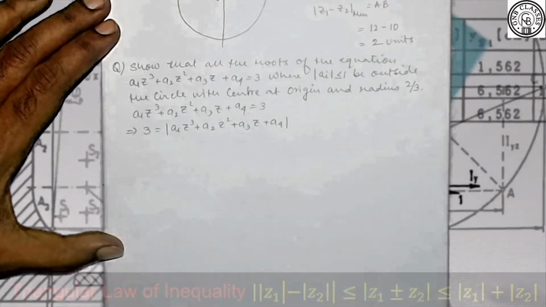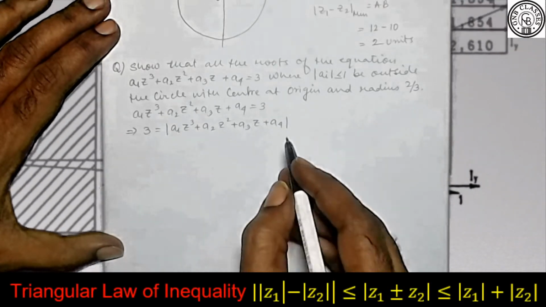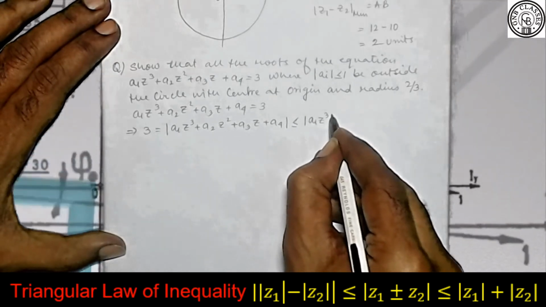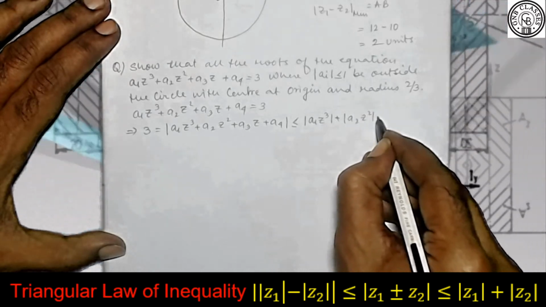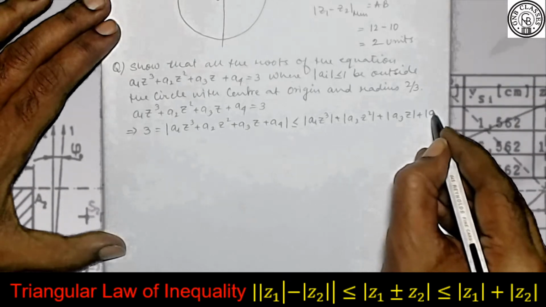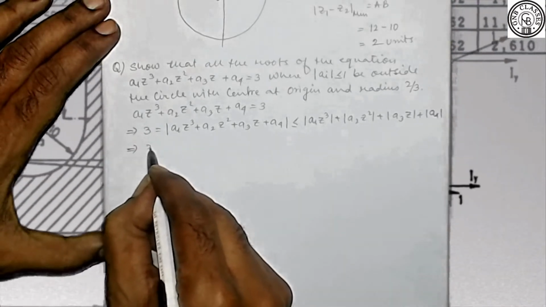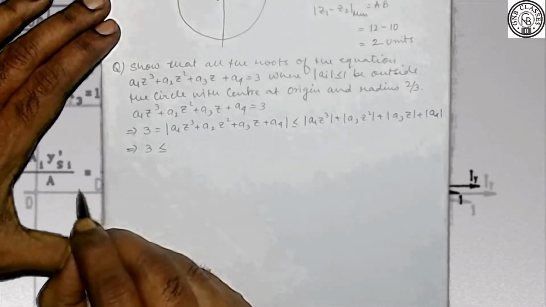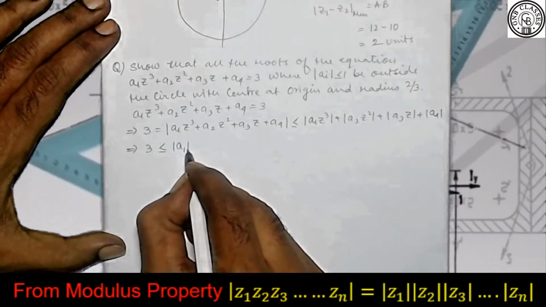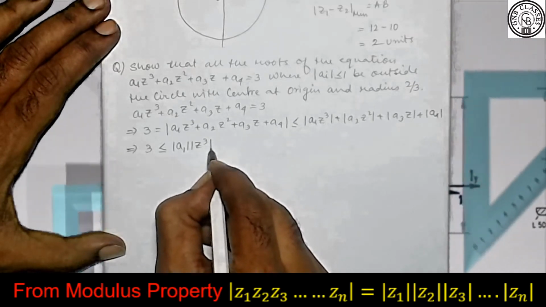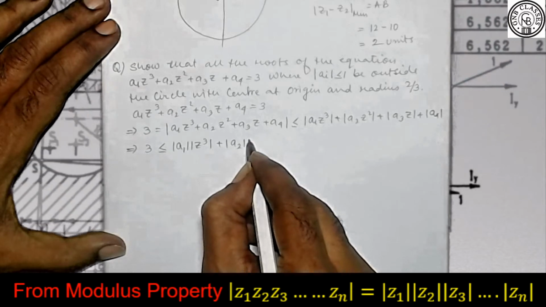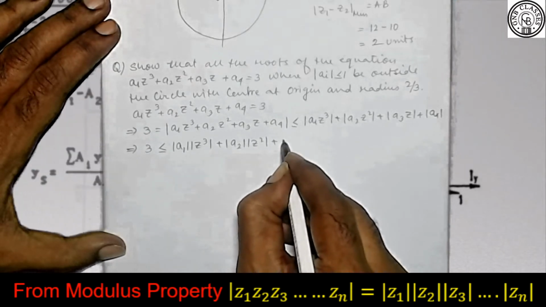Is it clear? Now from the triangular law of inequality, we can write which is less than or equal to, this can be written as a1 z cube, a2 z square.